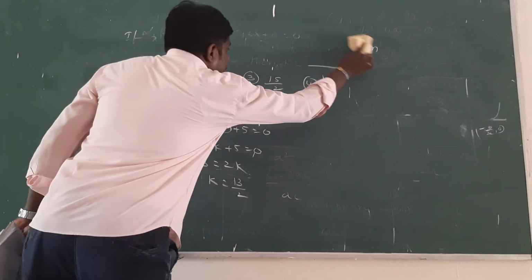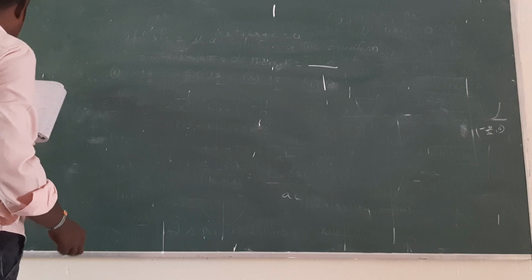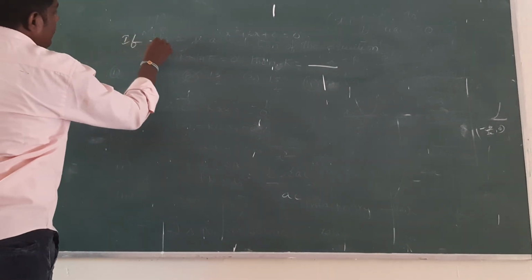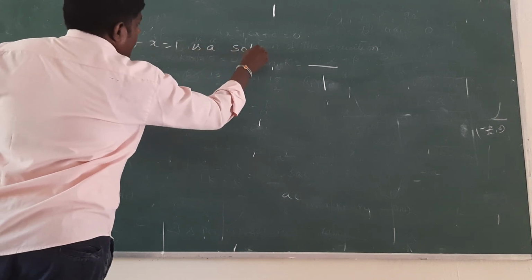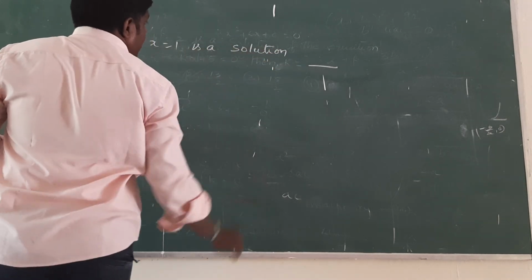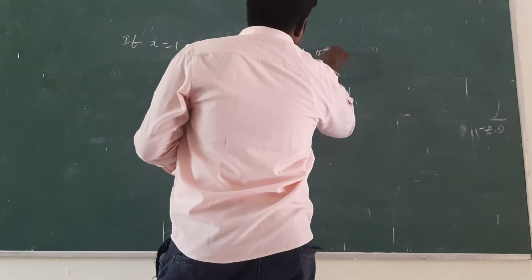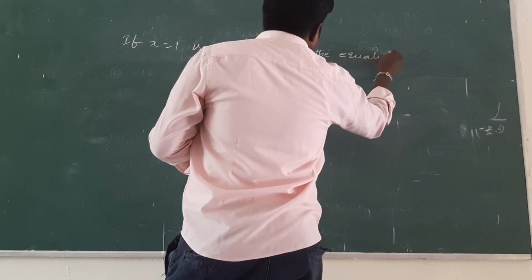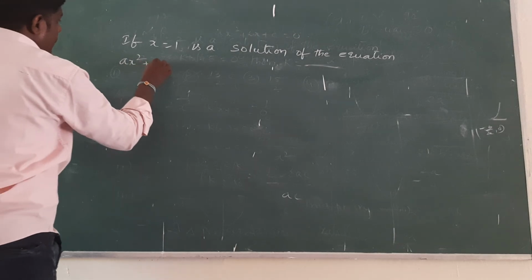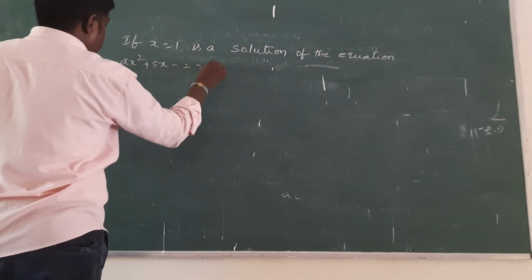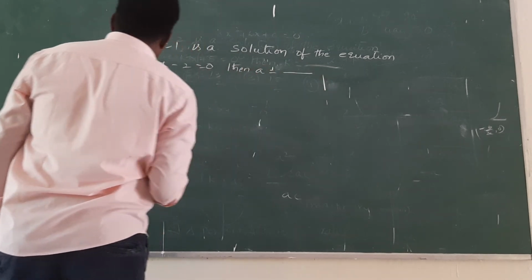See one more problem. If x equal to 1 is a solution of the equation ax square plus 5x minus 2 equal to 0, then a is equal to dash.